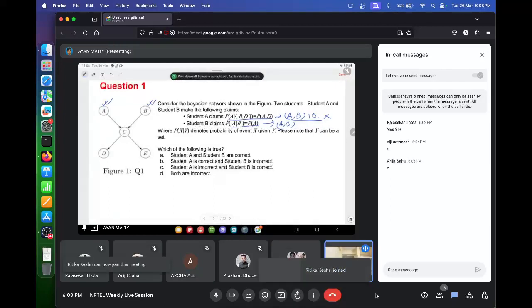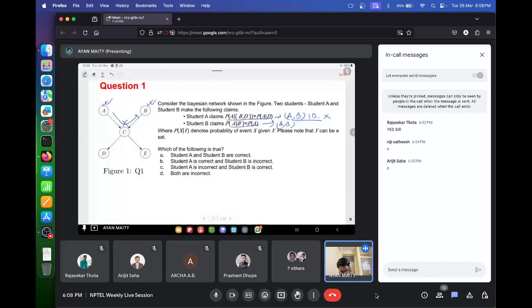So this path will get blocked at C. So A and B are independent if no other variables are observed. So student B's claim is right. The correct answer would be option C. Student A is incorrect and student B is correct.